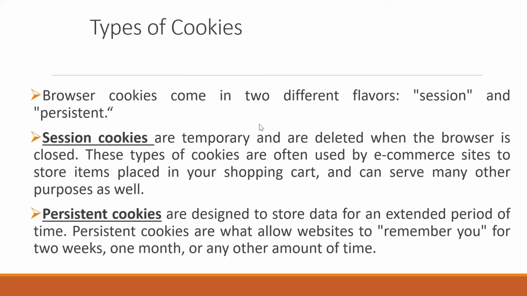Once you close your browser, all the cookies in the browser will also be closed. I repeat, once you open a browser, these cookies will be active. They'll keep the information. Then once you close the browser, the cookies also will be deleted from the browser.